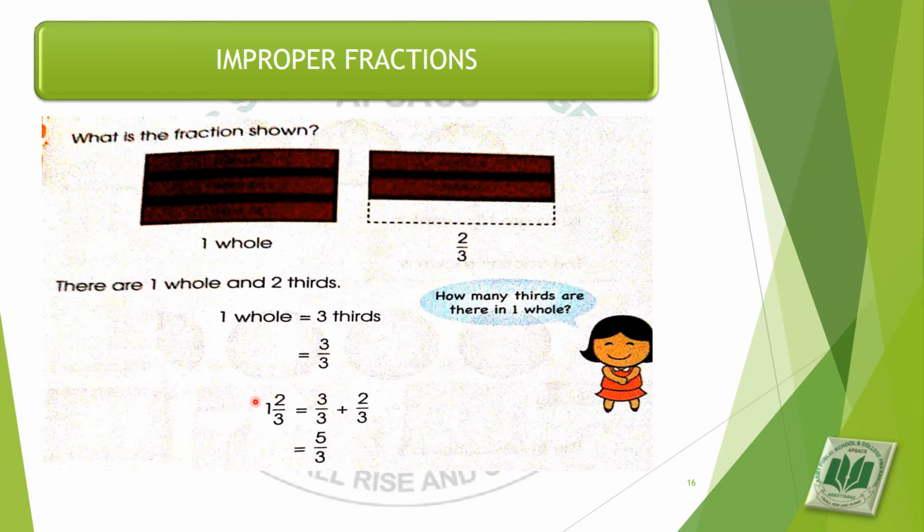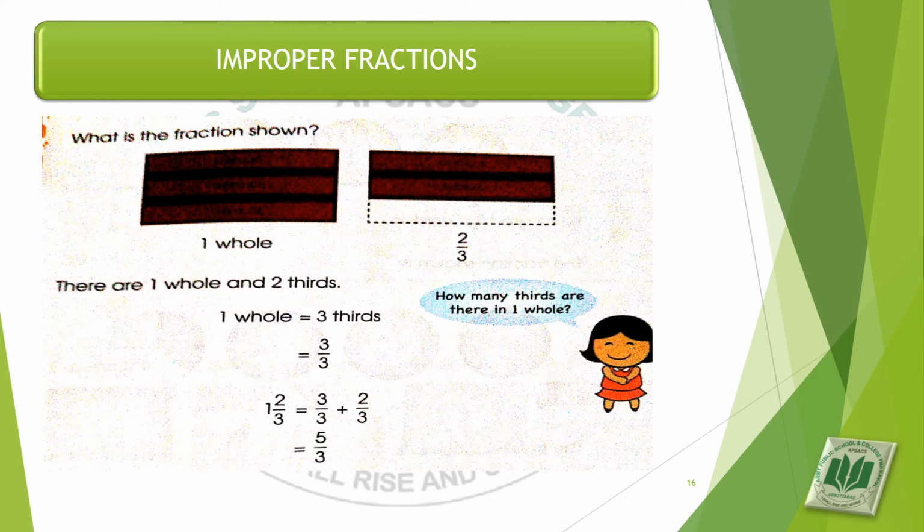So to get this fraction or this number, we will combine 1 whole and 2 by 3. So this is 1 whole and 2 by 3, which is equal to 3 by 3. This 3 by 3 means we have divided this 1 whole into 3 equal parts, and this is 2/3.